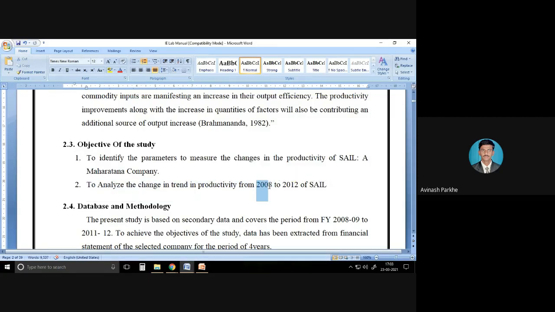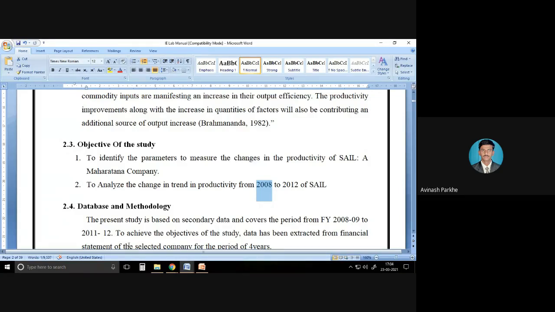So in 2008, some input parameters are there. In 2008, some outputs are there. Then from 2008 to 9, 9 to 10, 10 to 11, and 11 to 12, the inputs also increase, the outputs also increase, but here we have to check whether your productivity increases or not.